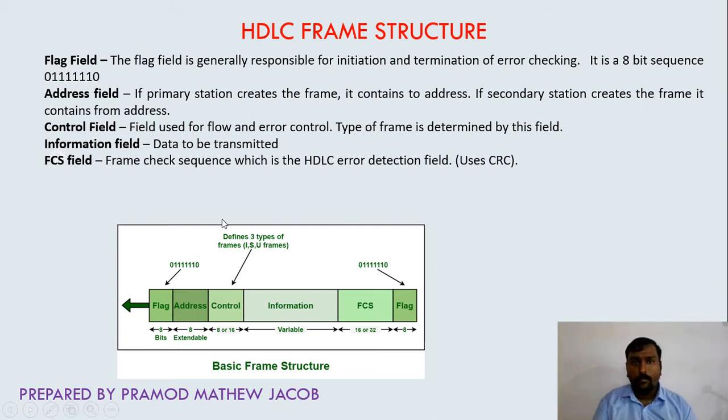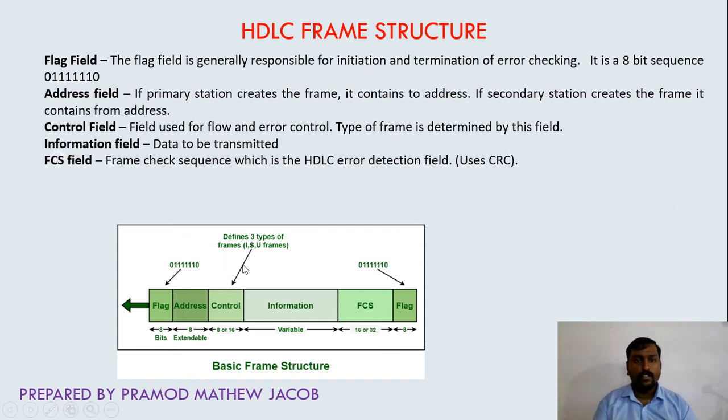In a typical HDLC frame structure, the starting flag and the ending flag will always be 0 1 1 1 1 1 1 0. This is the same in a typical HDLC frame structure.